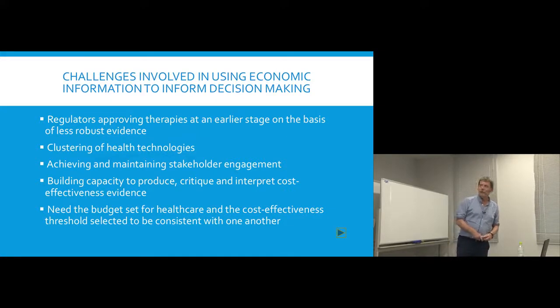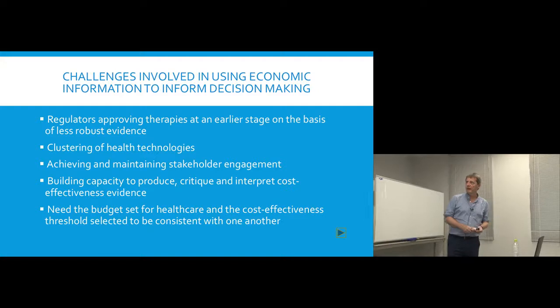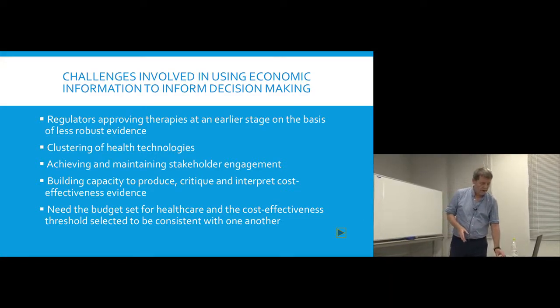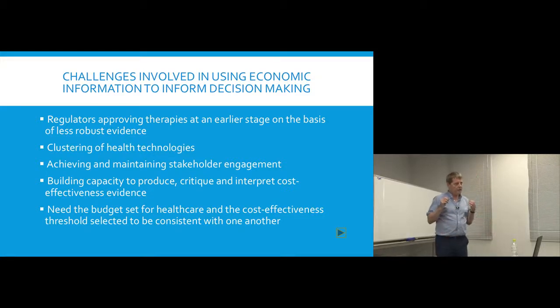Right, now for a different sort of challenge. What I've been talking about so far were, in a sense, I'll call them technical challenges. If you're trying to get an unbiased estimate of cost effectiveness, that series of challenges I've just reviewed, they all arise.